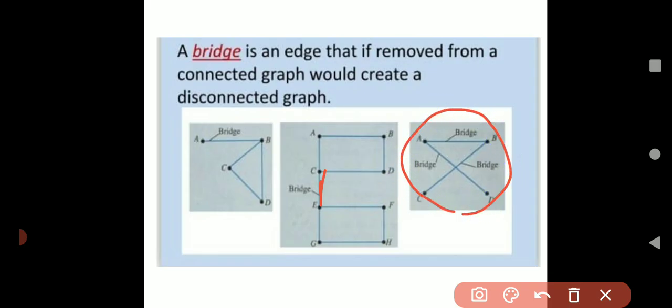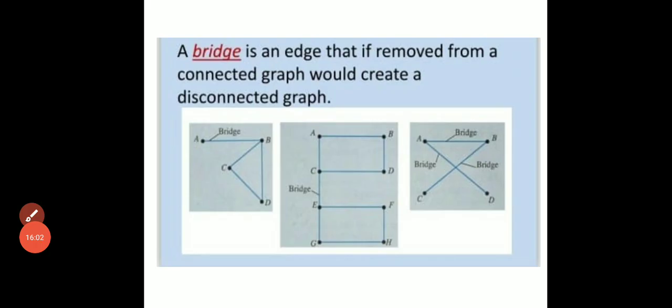That means if we remove any one of these edges, it will be a disconnected graph. So this is a bridge, similar to AB and AD. So if we remove an edge from a connected graph and it becomes a disconnected graph, then that edge is known as a bridge.